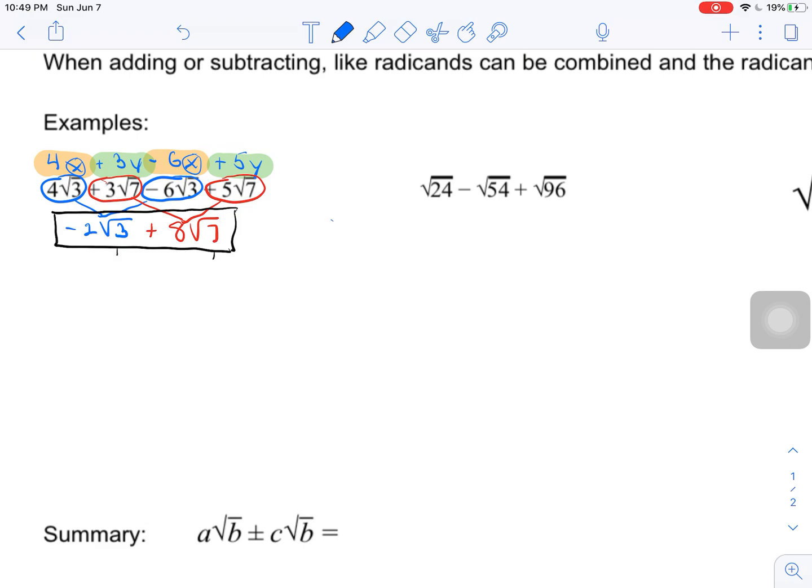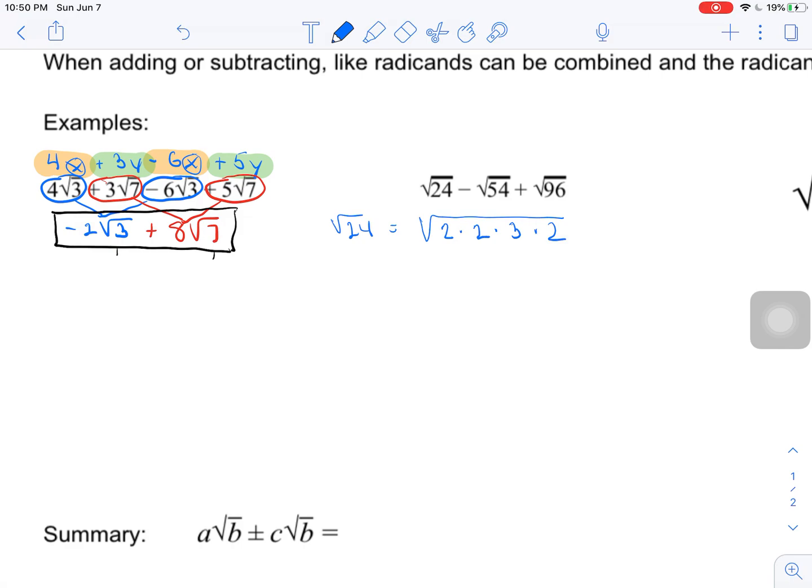So we are going to go through and individually simplify these so that we can see what they actually are. The square root of 24 breaks down into 2 times 2 times 2 times 3.